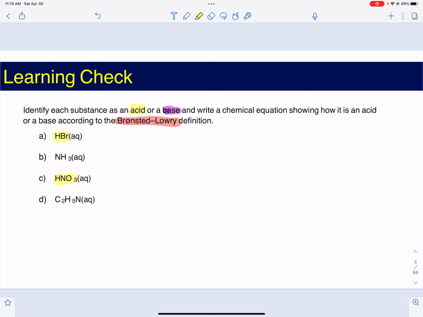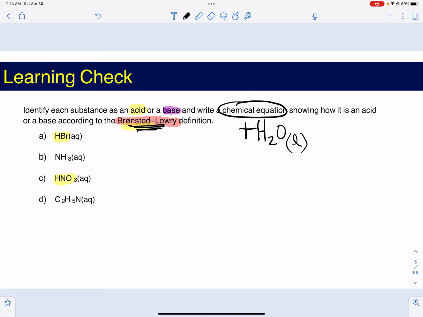They do not have hydroxide. They have to be able to accept a proton. So let me write the chemical equation to see if we can see it better. When we do Bronsted-Lowry, your chemical equation will always be plus water.